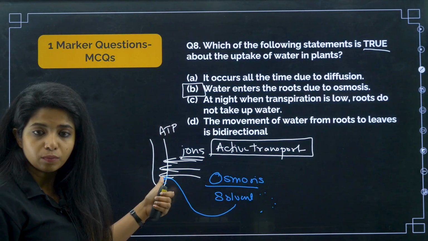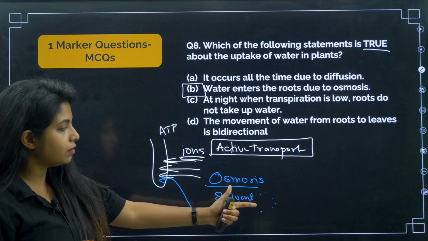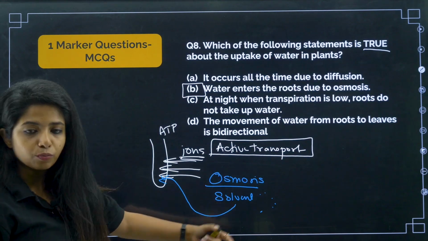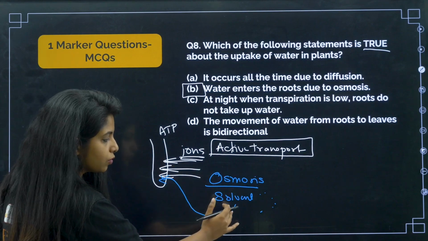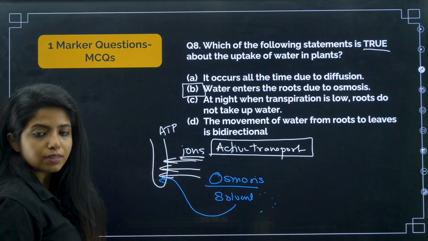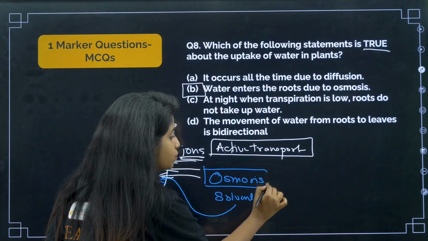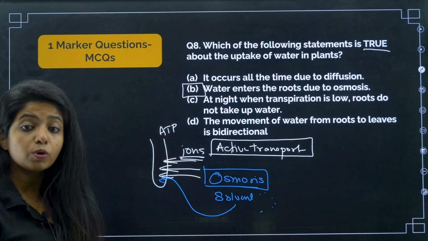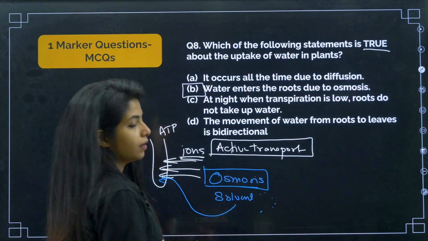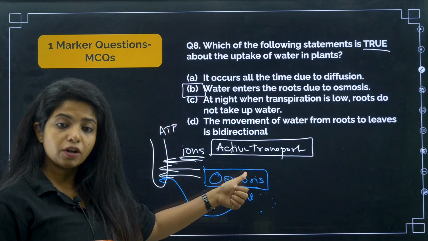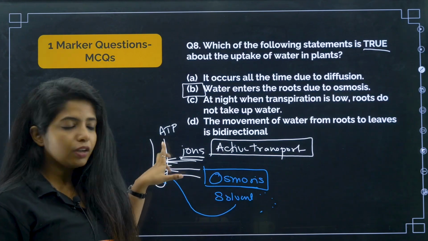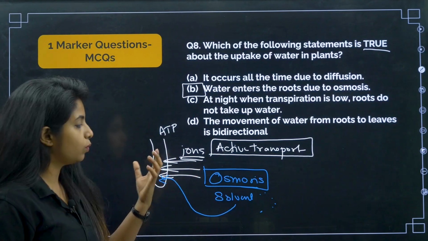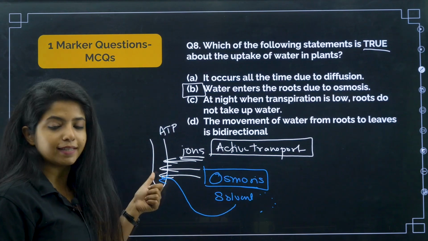Since here ions are more and solvent is less, and here ions are less and solvent is more, the solvent will be moving from this side to this side. This is due to osmosis, and this is the reason why water uptake is happening. So before water uptake, you need active transport of ions, and they create a hypertonic situation there. To make an equilibrium, water from outside will be moving inside the roots.